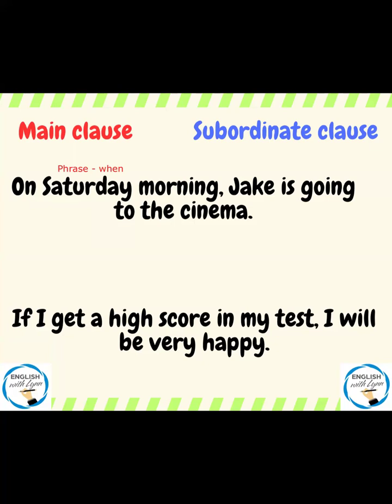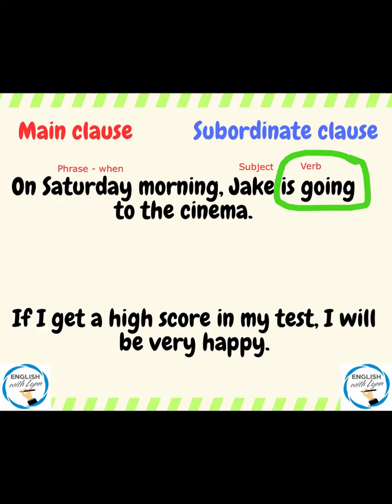Jake is our subject, and then we've got a verb phrase, is going. So this part is the verb, and it is in the progressive form. Both bits here, is and going, that is the verb.